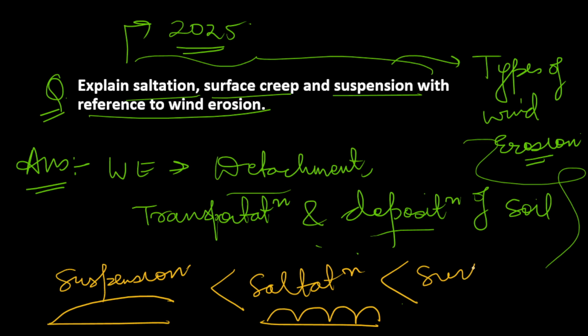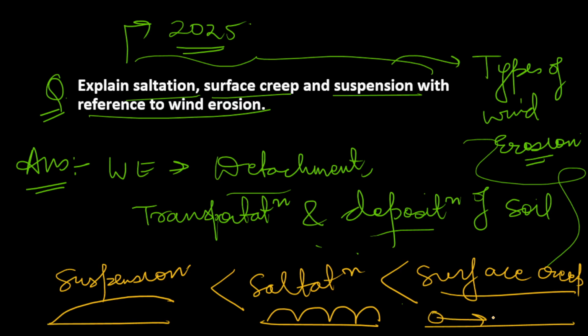Then we have surface creep, where the soil particles are heaviest and not able to jump, so they start rolling and sliding on the surface only. So these are the three types of movement in wind erosion depending on the size of particles: suspension, saltation and surface creep.